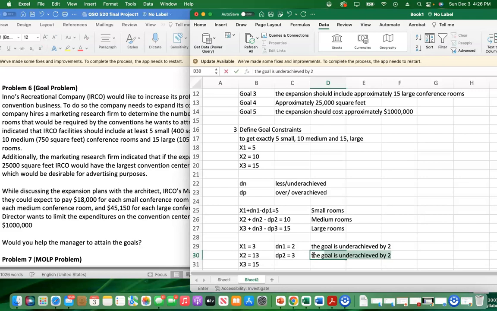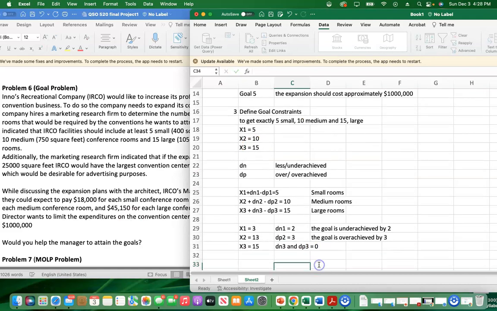So we can say the goal is overachieved by 3. For x3, we got exactly 15, and so dn3 and dp3 are all zeros because we get exactly what is expected.